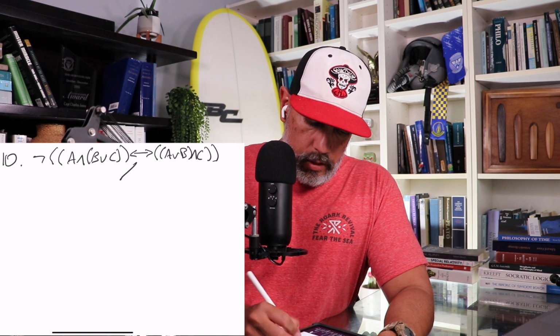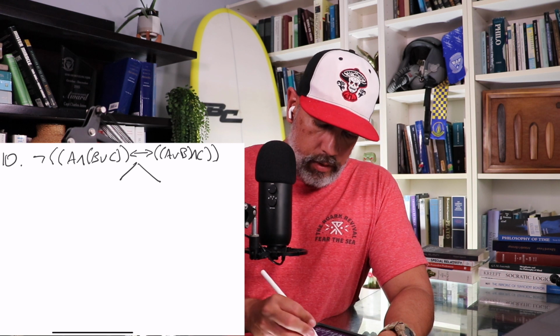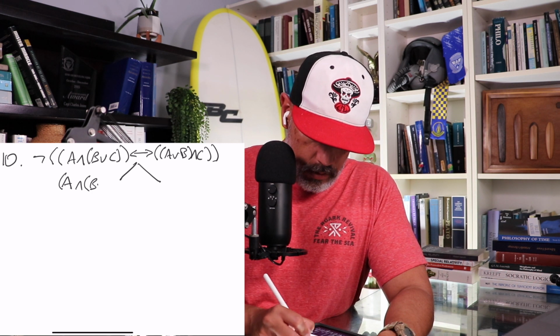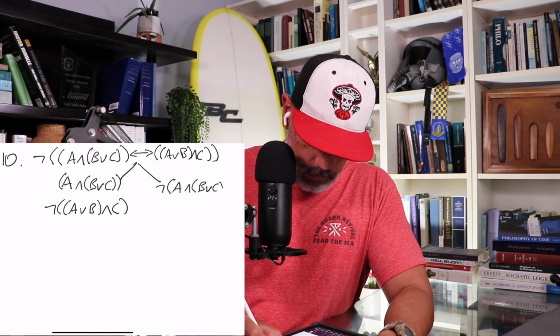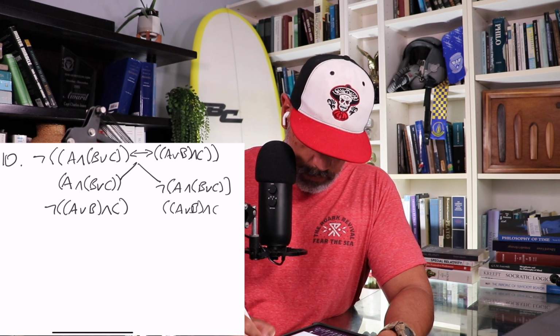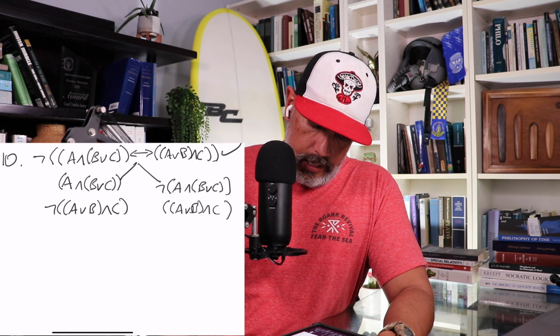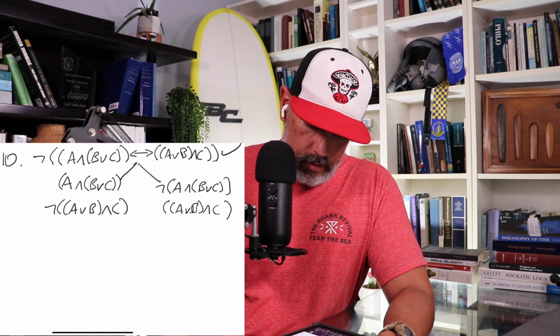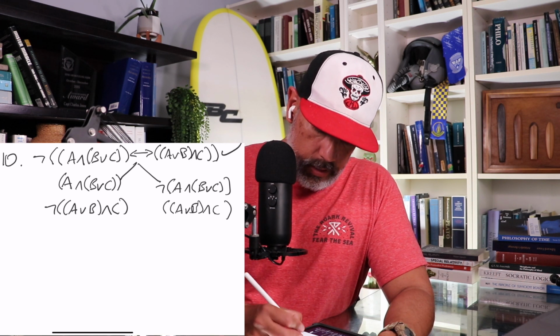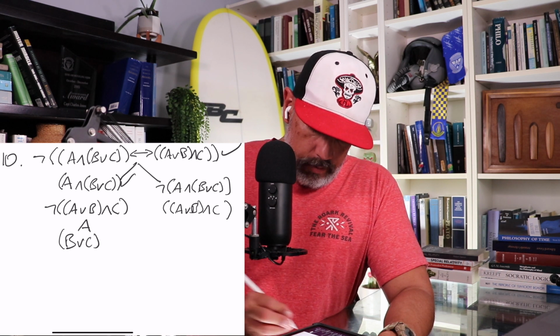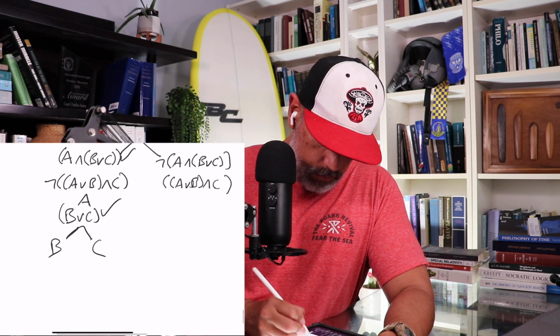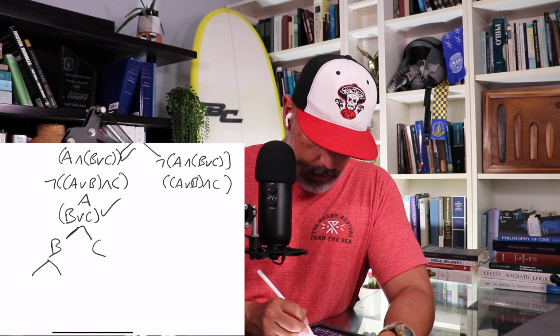All right, let's do the negation of the biconditional. Okay, let's see. First we'll do this A and B or C. And then B or C. And then the negation of the disjunction.